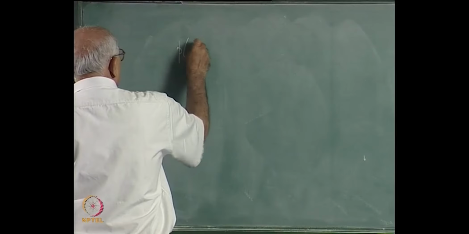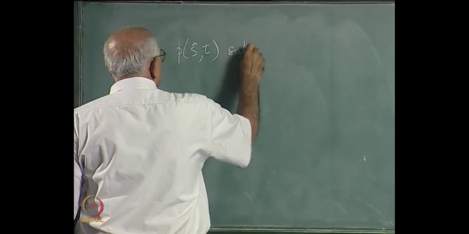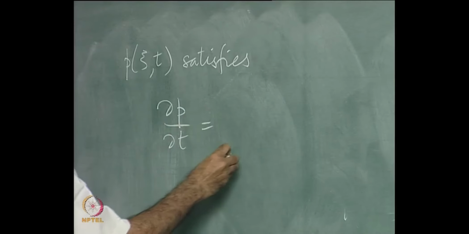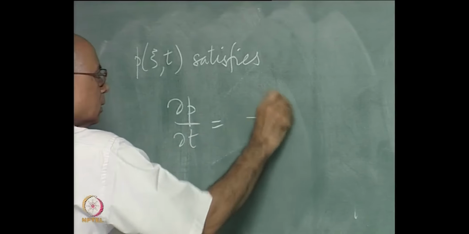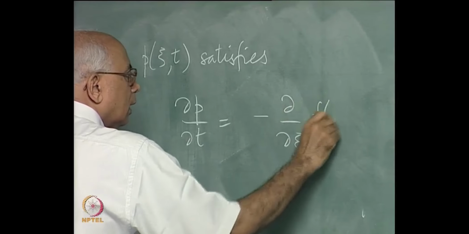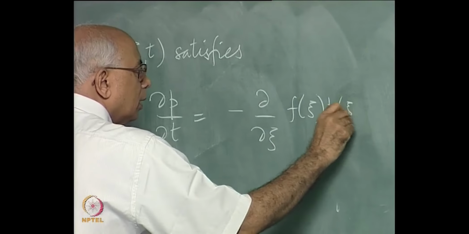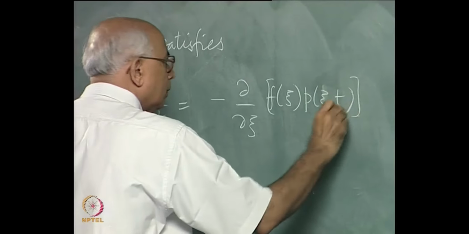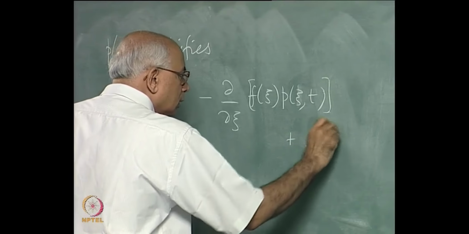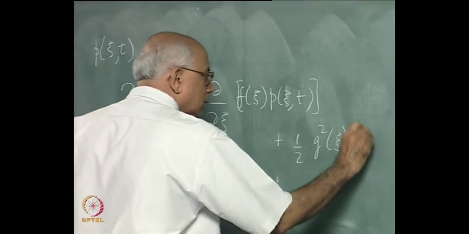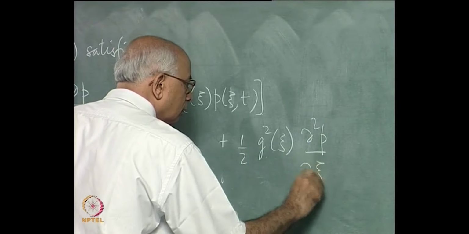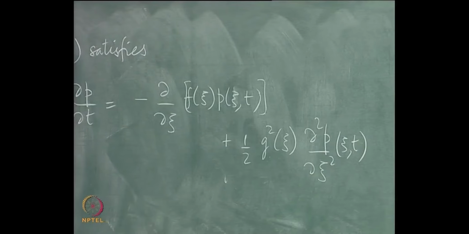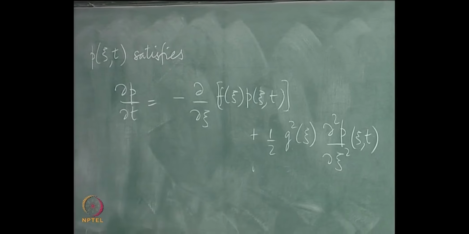P of xi, t satisfies del p over del t equal to minus del over del xi of f of xi times p of xi, t, plus 1/2 g squared of xi, and so on. This is the Fokker-Planck equation satisfied by P. This is rigorously provable.